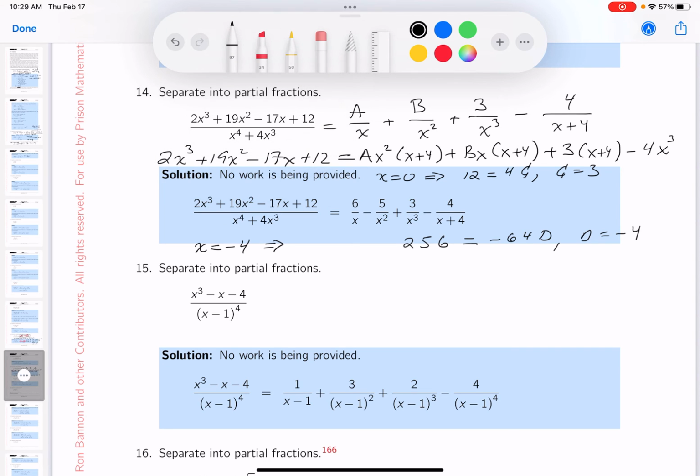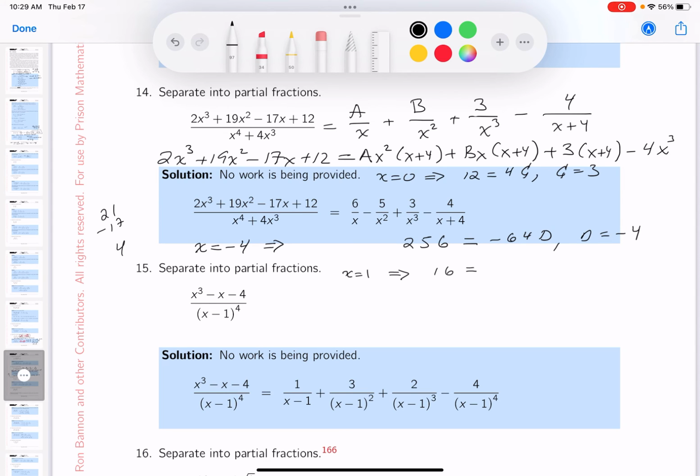All right, what do you get? I got to be careful here. You get 2 plus 19, which is 21, minus 17. Well, that's going to be, let's see, 4, plus 12 is 16.